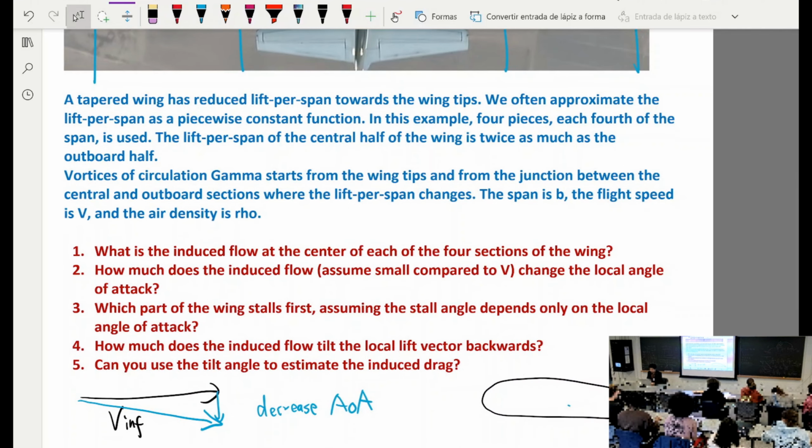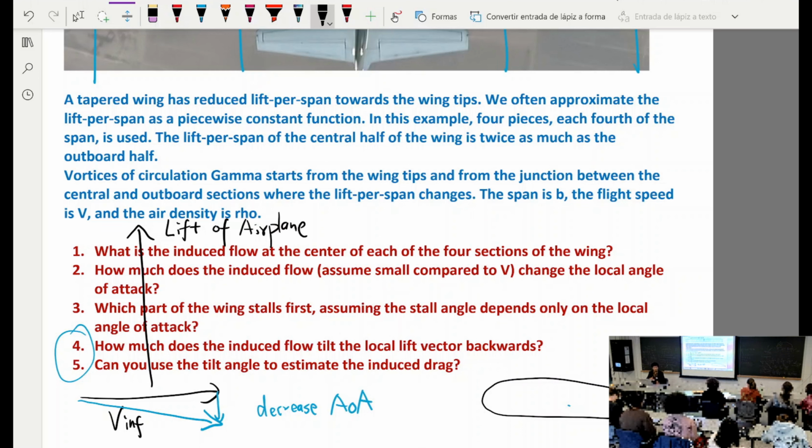And the final two questions: how much does induced flow tilt the local vector of lift? There is a discrepancy between the definition of lift for the whole airplane and the definition of lift for the airfoil cross-section. The definition of lift for the whole airplane is orthogonal to the free stream seen by the airplane, so the lift of the airplane is always going upward if the airplane is in level flight.